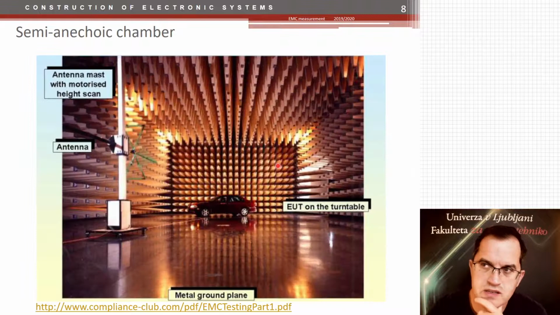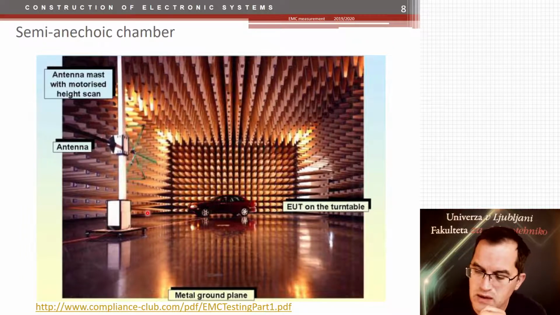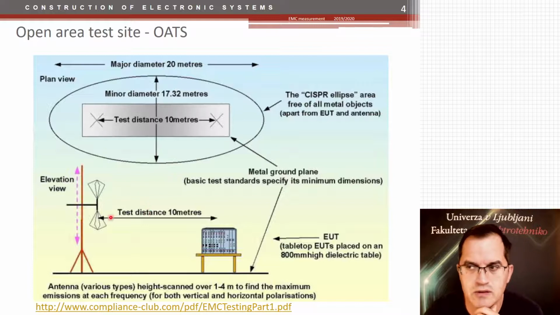We also have semi-anechoic chambers, which are the most used nowadays, because you have a metallic floor and all the other walls and ceiling are absorptive. So in these rooms, you can walk and you can have very big rooms, even for a whole airplane. Now, maybe just a comment: why do we have a test distance of 10 meters or 3 meters?